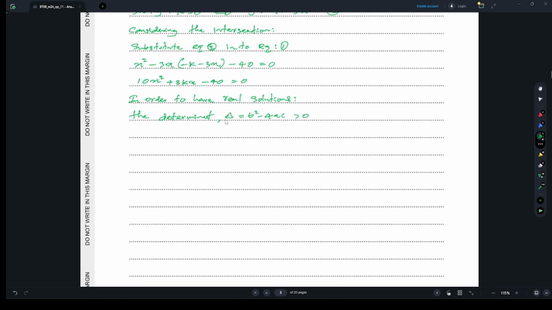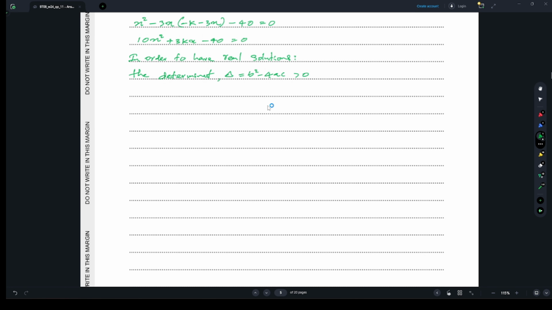Now you have the quadratic equation, so b is 3k, squared, minus 4 times a, which is 10, times c, which is minus 40, greater than 0. So you will have 9k squared plus 1600 greater than 0.